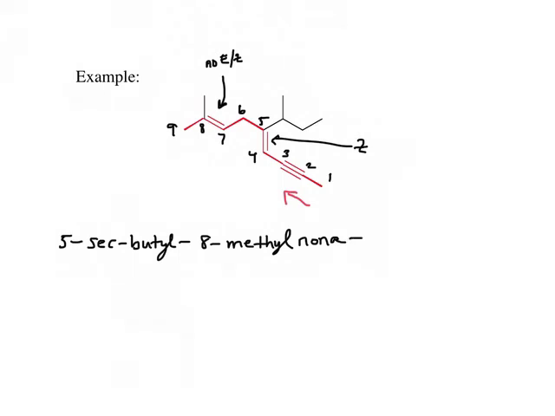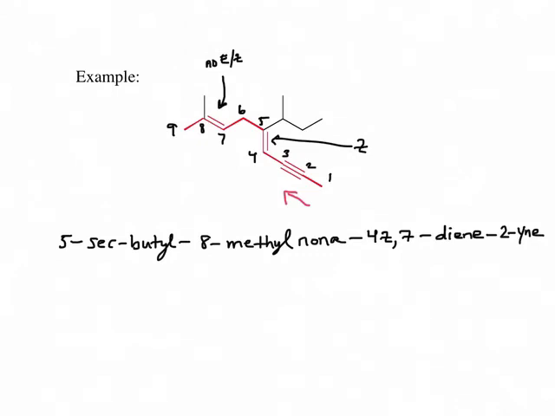Now, the double bonds. There is one at 4, and it is a Z. And then there is one at 7, and it doesn't have E or Z, so I don't need to worry. And so that's diene. And now the next question becomes, does that E belong or does it not? Let's just park it there for a minute. And the next part is going to be the triple bond, which is 2-yne.